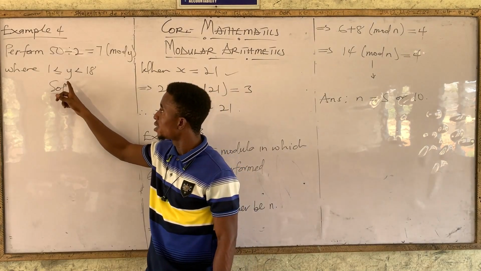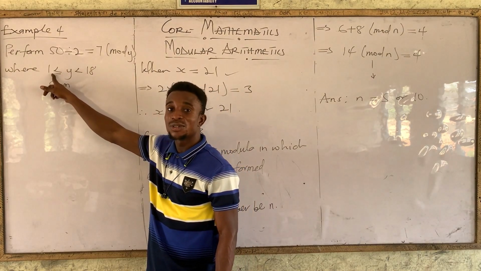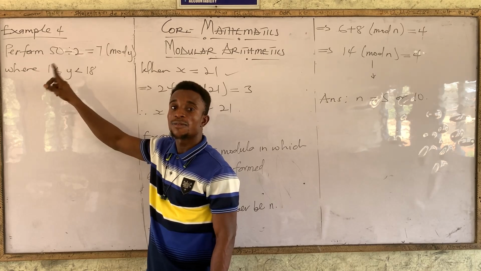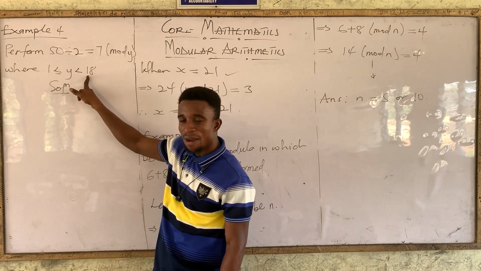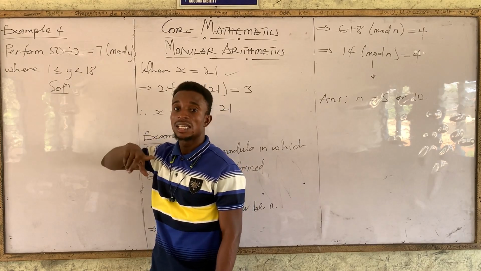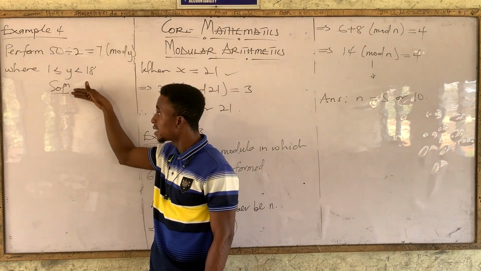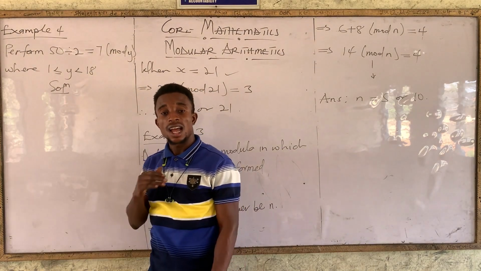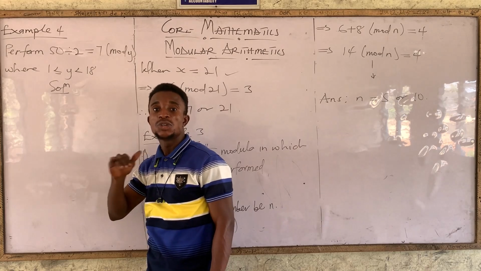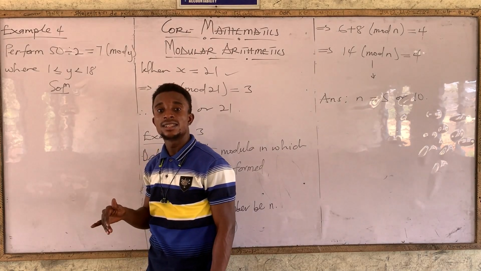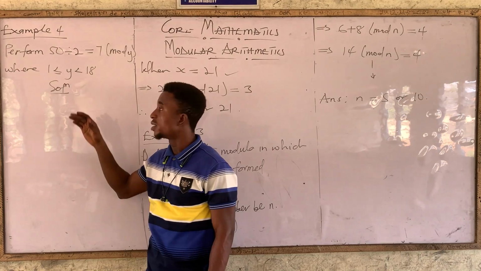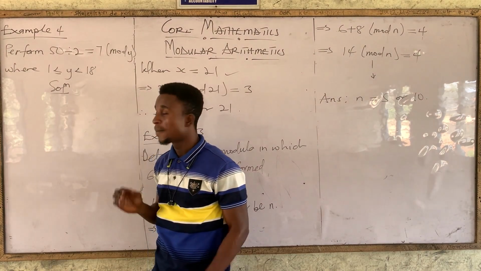Here we have y greater than or equal to 1, so y can be from 1 to, but it can never be 18 because y is less than 18. Are we getting that? So if you get 18 as part of your answers, because of the condition, you omit the 18, because it is not falling within the interval. Are we okay?